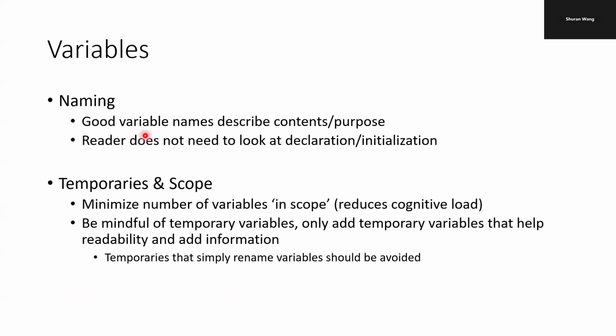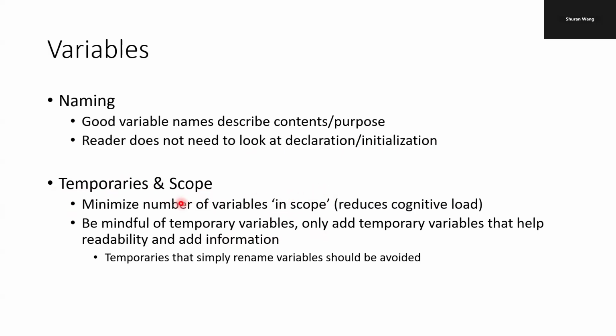Variables. Good variable names describe the content and purpose of the variable so that this avoids the need for over commenting. So the reader does not need to look at the declaration and initialization often in another file. Temporaries and scope: minimize the number of variables in scope. So this reduces the number of things you need to remember at once.